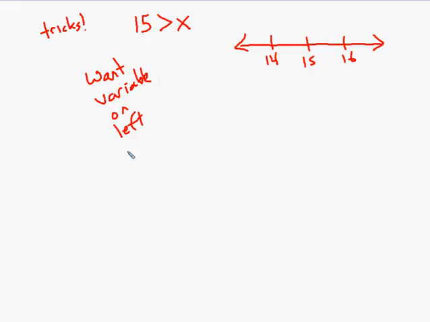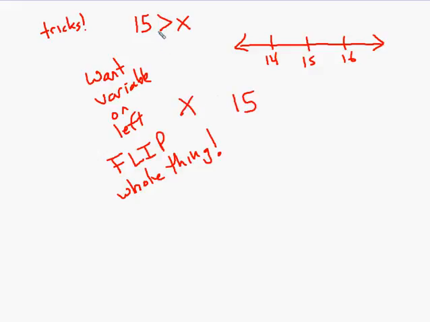This one is not on the left, so we are going to flip the whole thing. So I'm going to put x on the left, 15 on the right. Notice this is pointing to the x, so it's still going to point to the x. So I have an open circle at 15, but now I see x is going less than, so that's the way it should go.